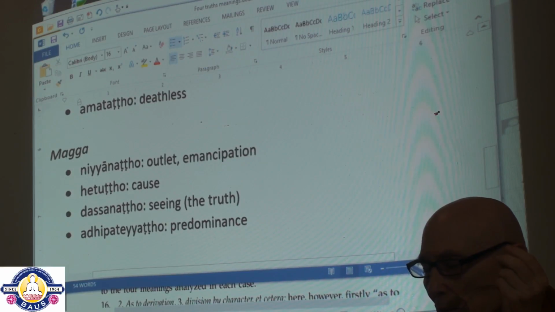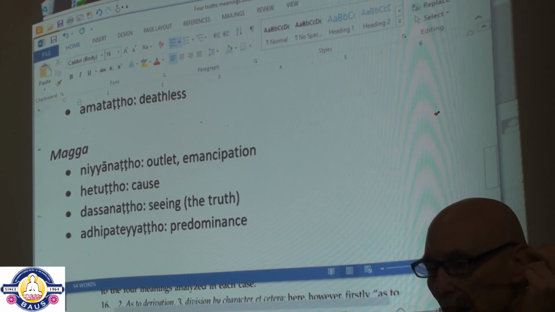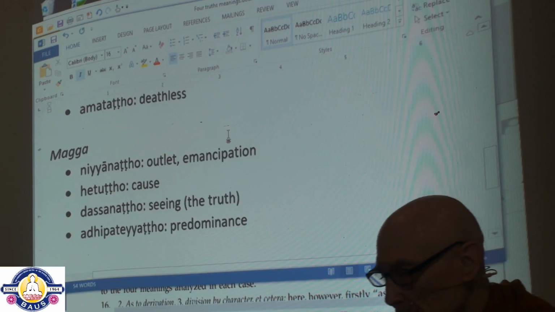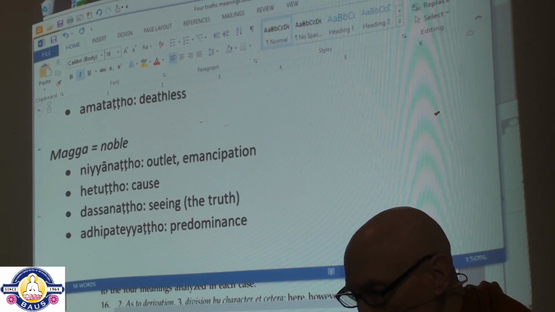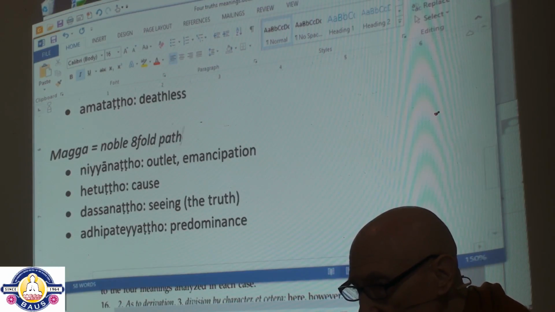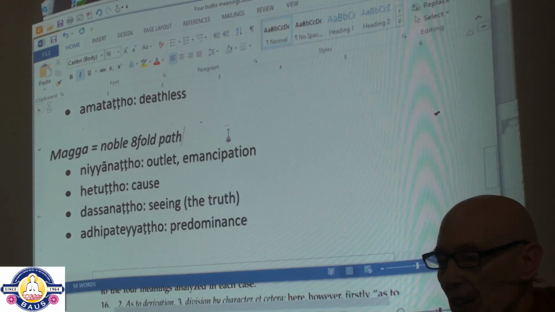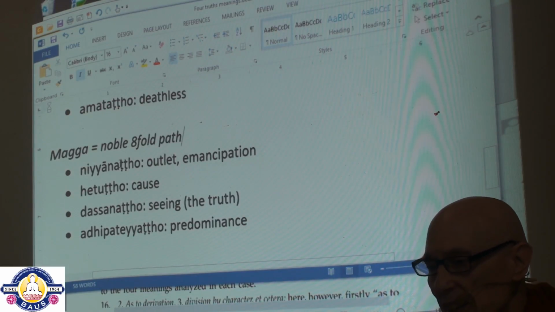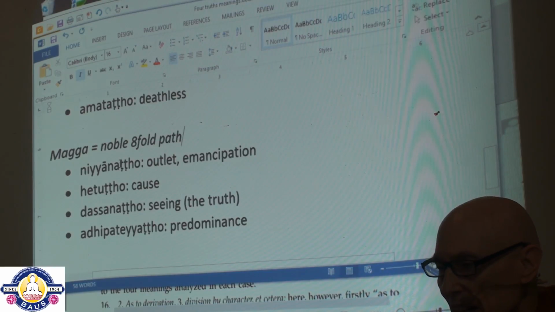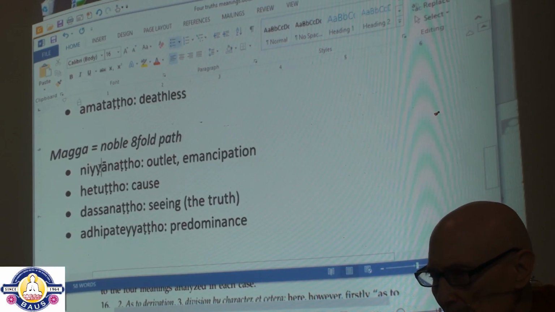Okay, then we come to the fourth noble truth, and that is the truth of the magga, the path. And that, of course, is the Eightfold Path. Okay, so some of the nuances of this. One is niyana. The word niyana comes from nir, which gives the sense of out, and yana, going.